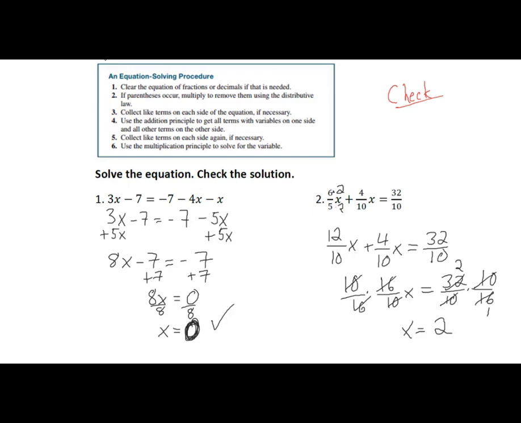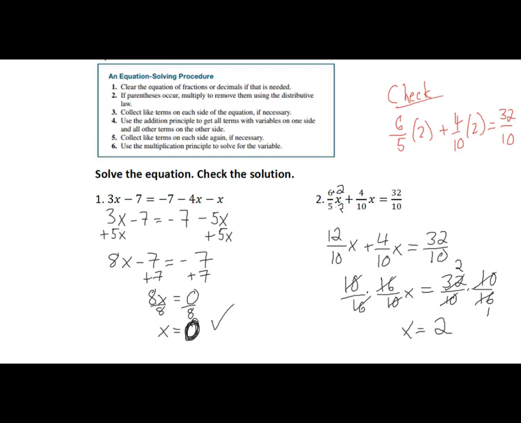If I put a 2 in for my x, I get 6 over 5 times 2 plus 4 over 10 times 2 needs to equal 32 over 10. So 6 times 2 is 12 over 5.